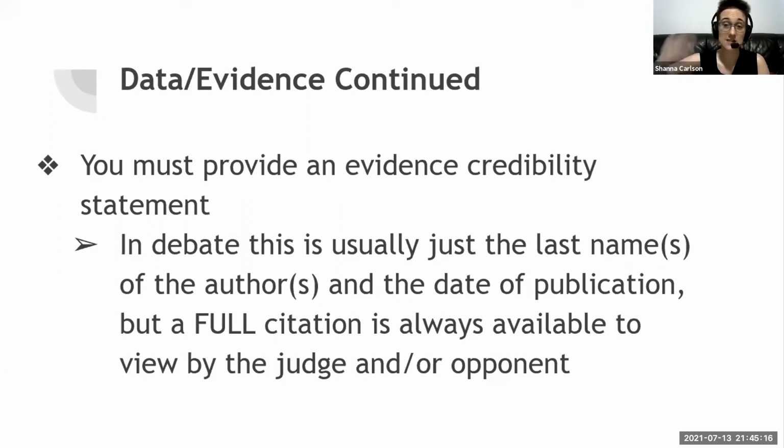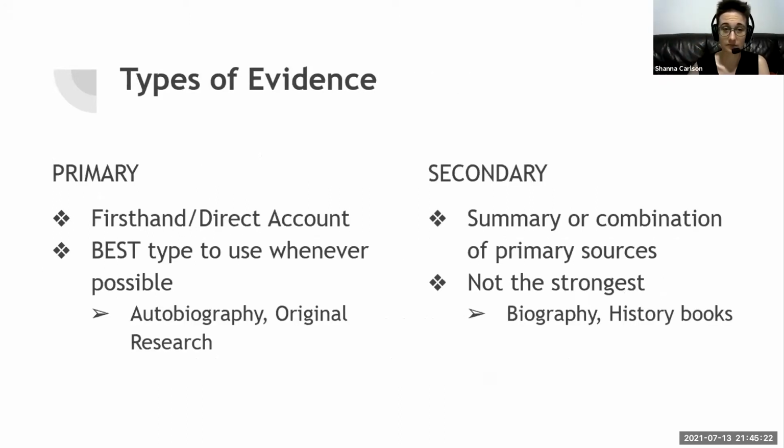Okay, so that's claim, my evidence credibility, and my evidence. Super easy. There are two types of evidence, and this is where I really want us to have a discussion.